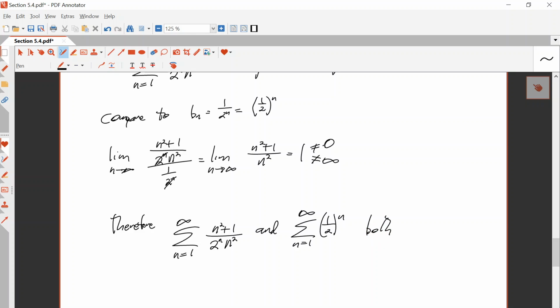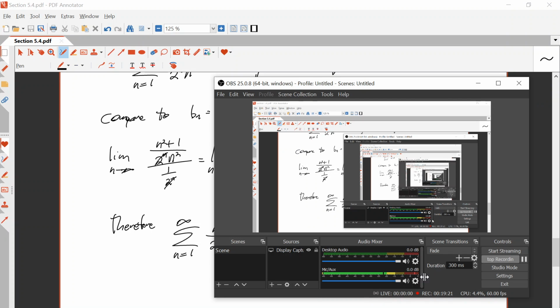They both converge or both diverge. But this one is a geometric series whose ratio is 1/2, which is less than 1. So that one converges, so they both must converge. Not that we know what this is converging to, but it does converge. Okay? So there are just those two topics in this section, the two comparison tests. And so that will conclude the lecture for this section.